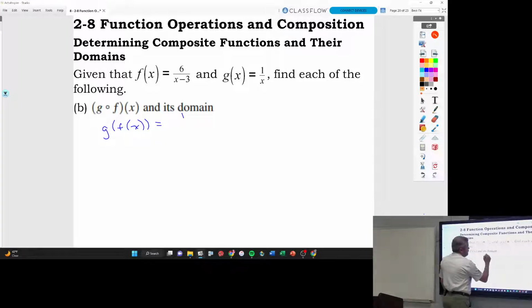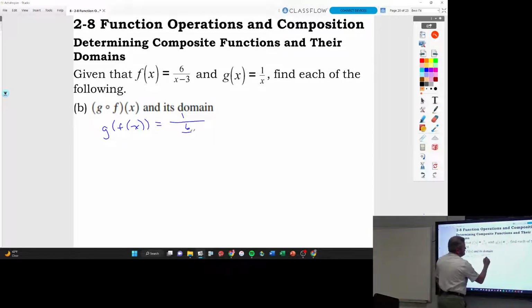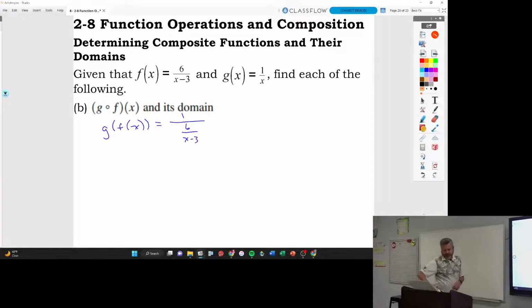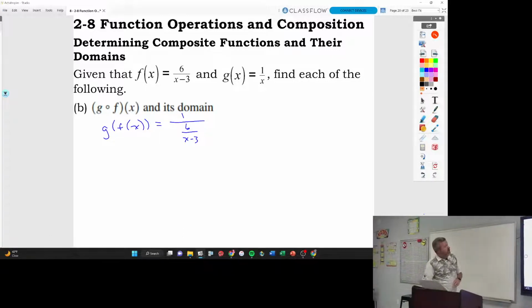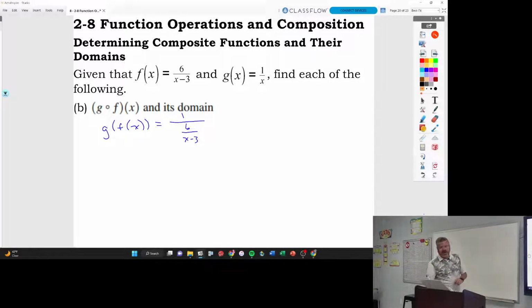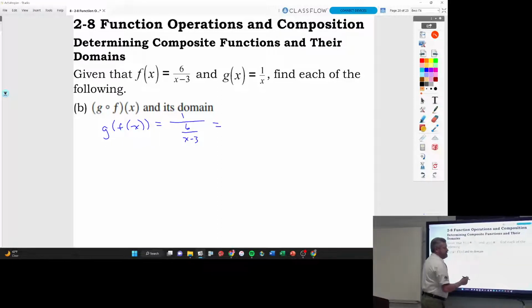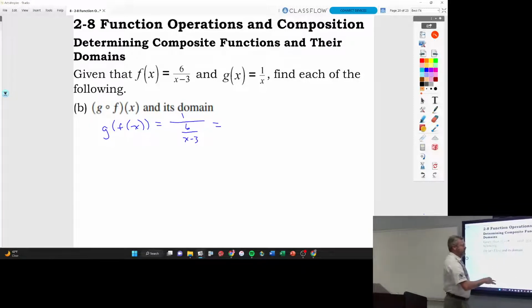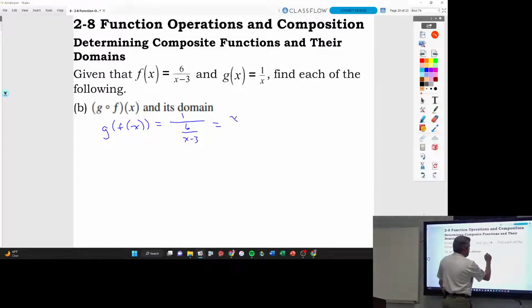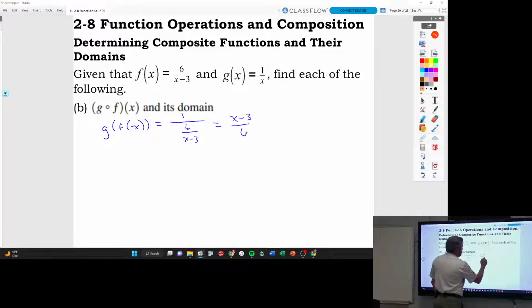So we have 1, my g of x, over x, but x is going to be 6 over x minus 3. 1 divided by 6 over x minus 3 is the same thing as, when you divide by a fraction, multiplying by the reciprocal. So that's the same thing as x minus 3 over 6.